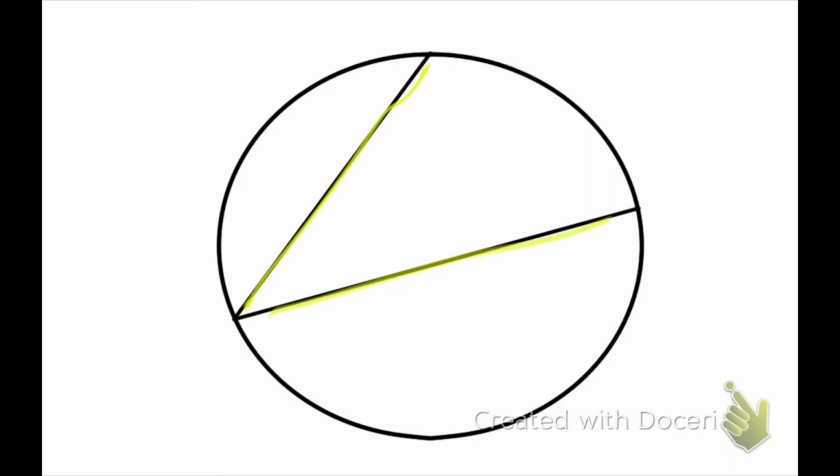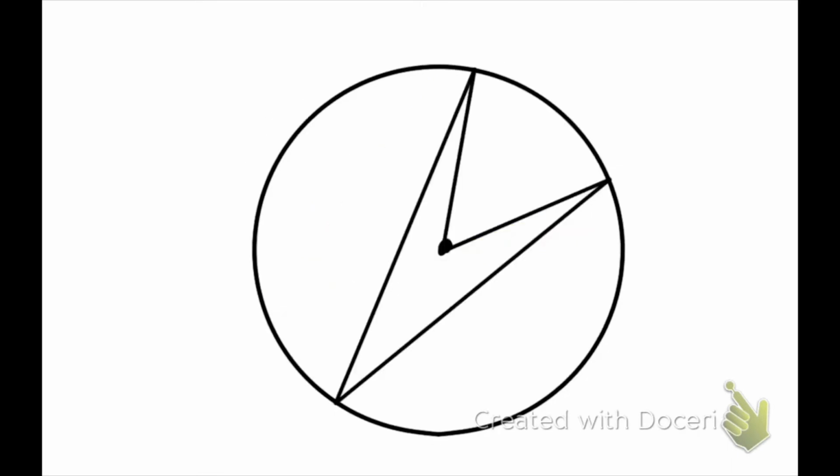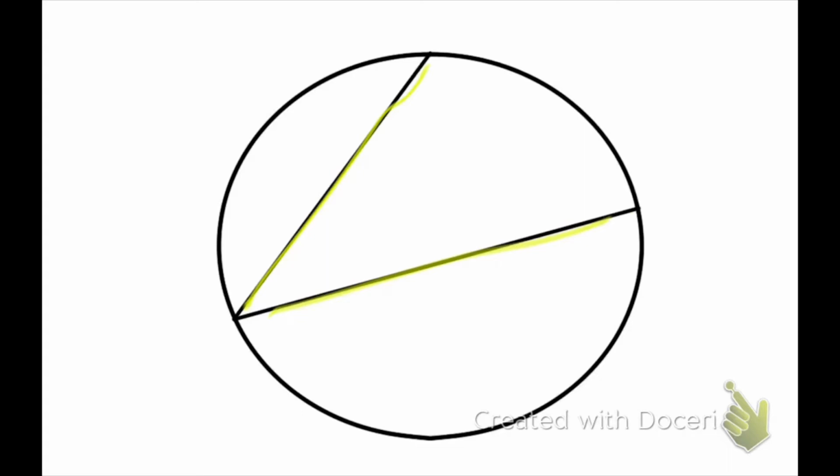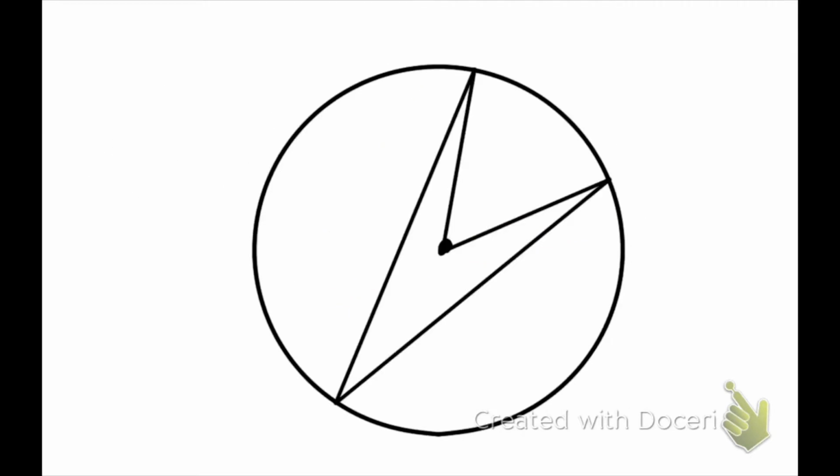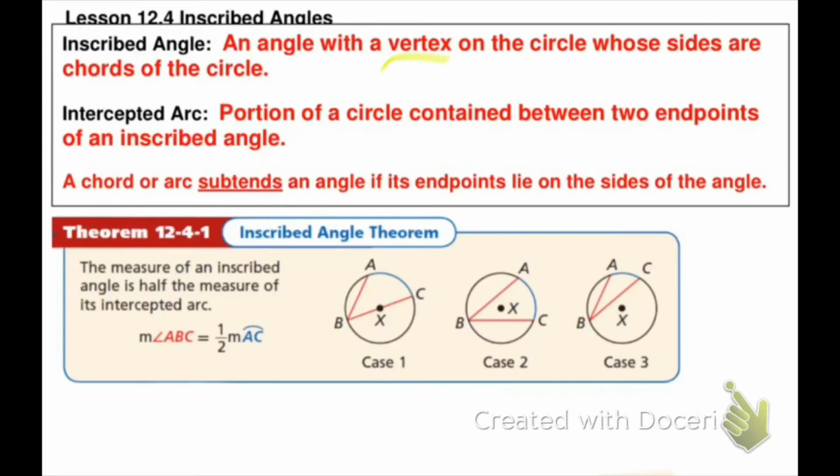So that's what an inscribed angle is. Another example, you could take a circle like this. That would be an inscribed angle there. So you get a wide variety of types of angles, but that's the definition of an inscribed angle.